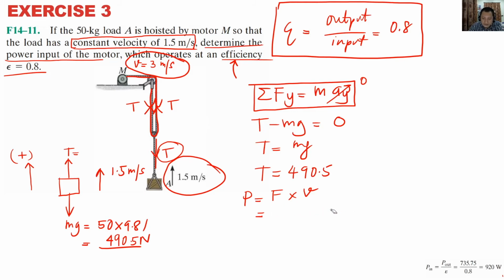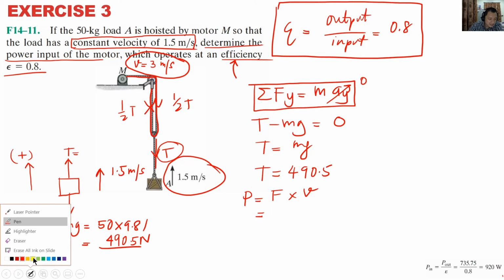The force is correct in every sense. The tension here has been halved. If this is T, this is actually half T. Half T, half T. So it depends. Do you want to analyze at the motor?